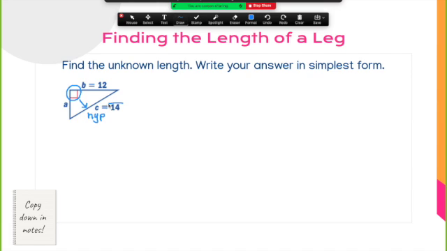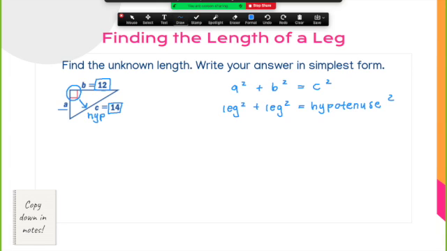So the length of our hypotenuse is given, and then one of the sides is given to us, but the length of the leg is not. So I'm going to write down the formula, a to the power 2 plus b to the power 2 equaling c to the power 2, which is leg squared plus another leg squared equaling hypotenuse squared.